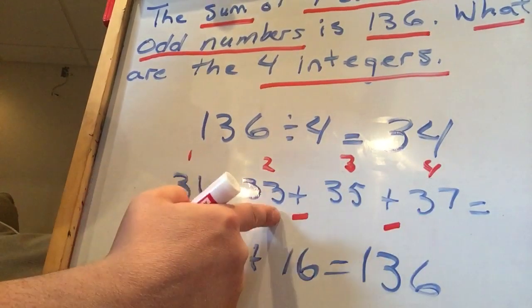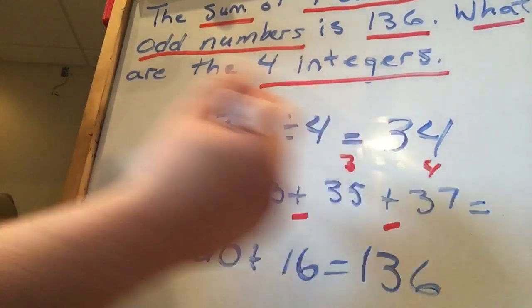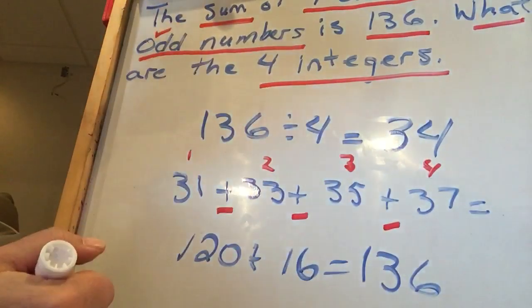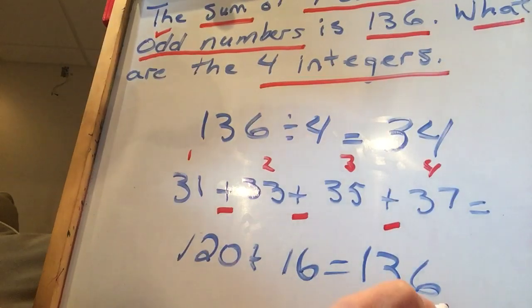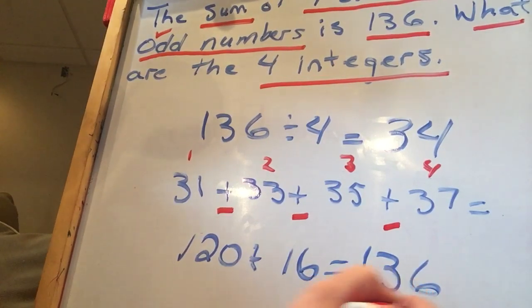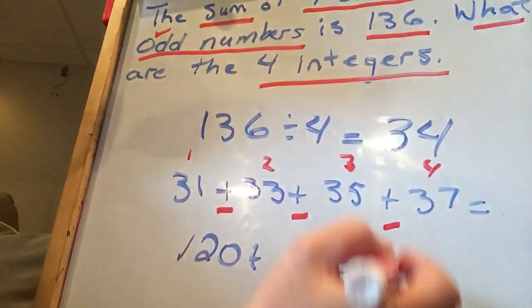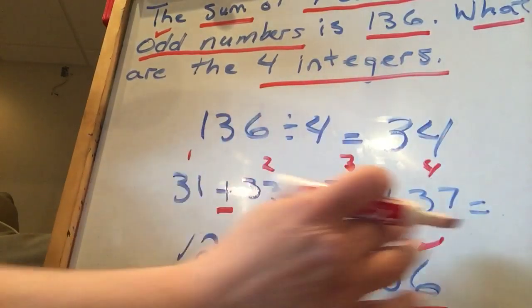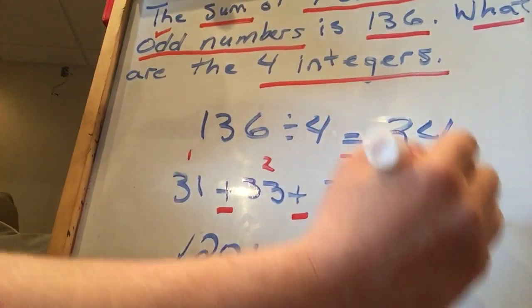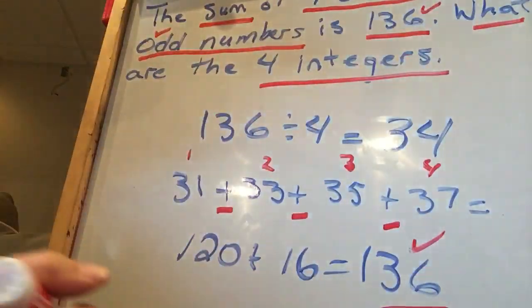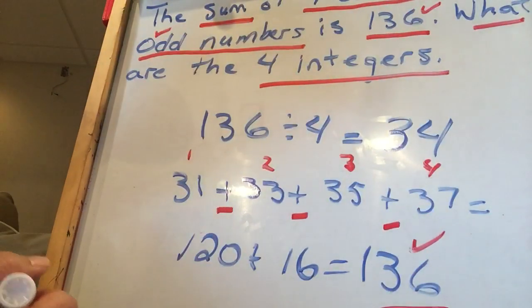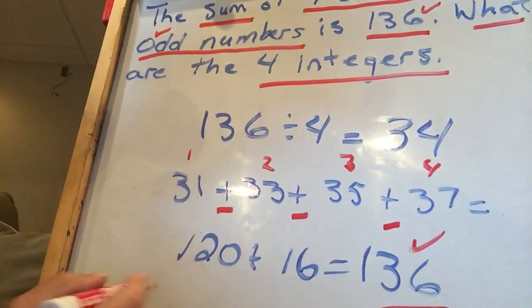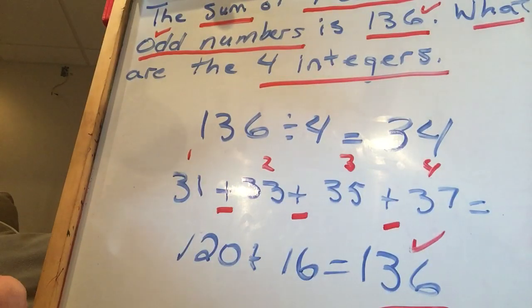This one ends in a 1, this one ends in a 3, this one ends in a 5, this one ends in a 7. That means they're odd. Check. My total needs to be 136. I added the numbers together, I got 136. So that is correct. And what are the 4 consecutive integers? They're 31, 33, 35, 37.